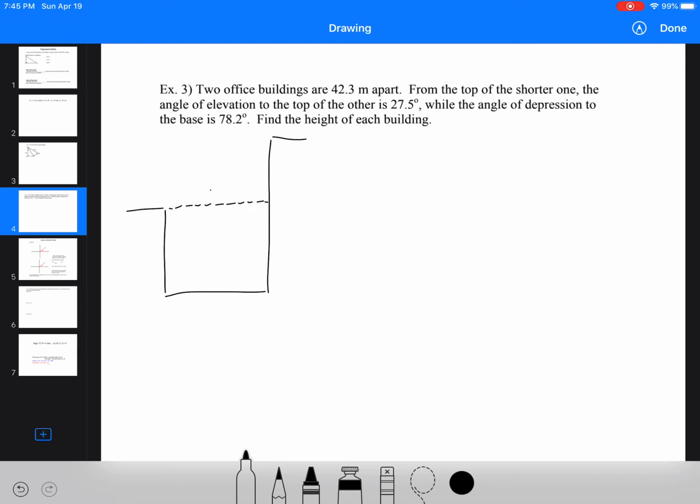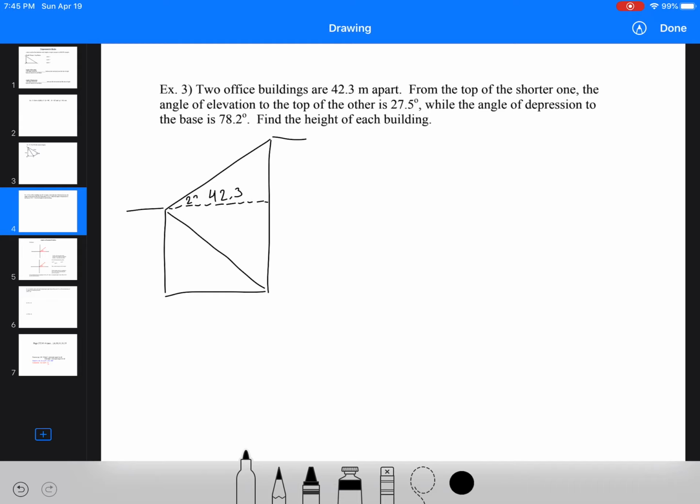Office building 1, office building 2. We've got this distance. So the distance they are apart is 42.3 meters. And whether I measure on the ground or at the top of a building, it's still the same. Then we've got the line of sight up and the line of sight down.